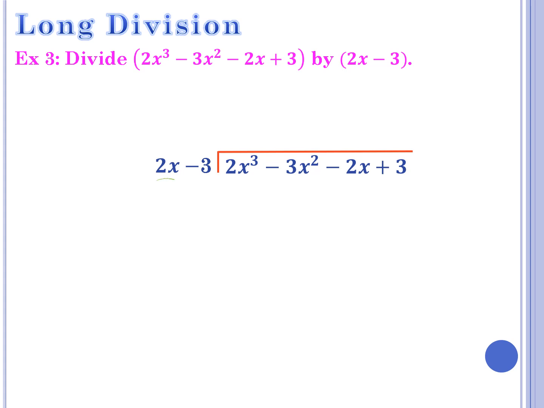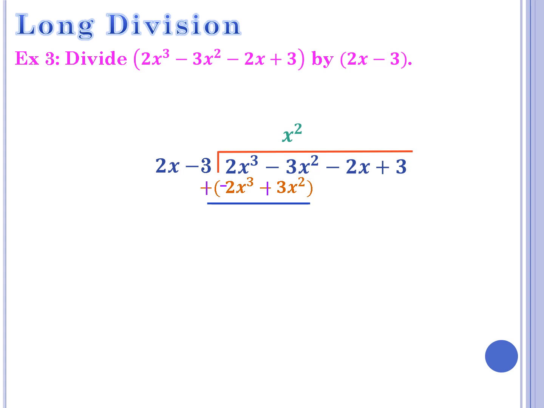What times 2x would give me 2x cubed? x squared. So I put it over the second term. Now I have to distribute x squared times 2x and x squared times minus 3. So that gets me 2x cubed minus 3x squared. Now remember, you have to do plus and then change the signs inside.